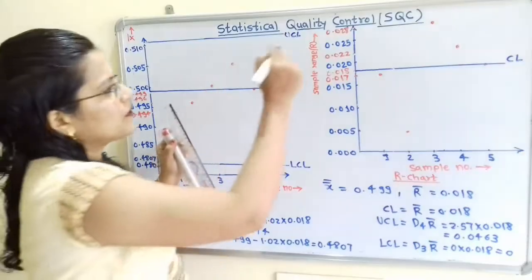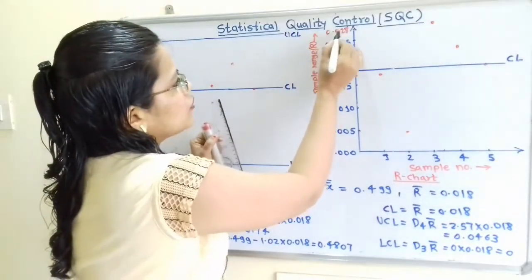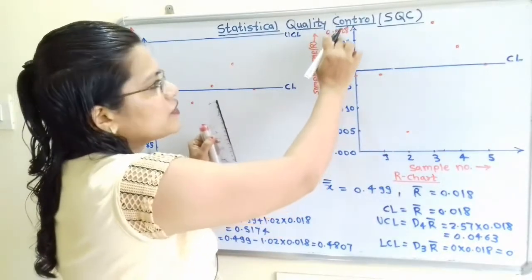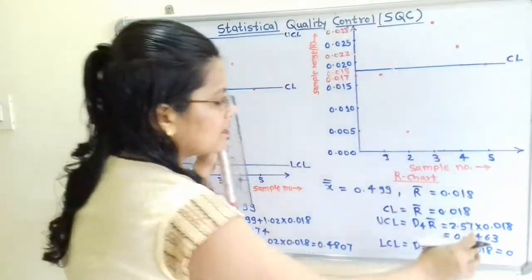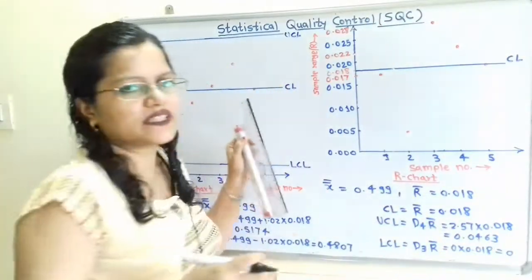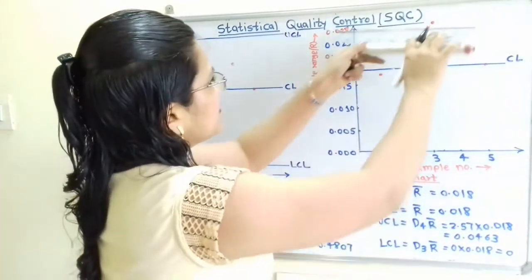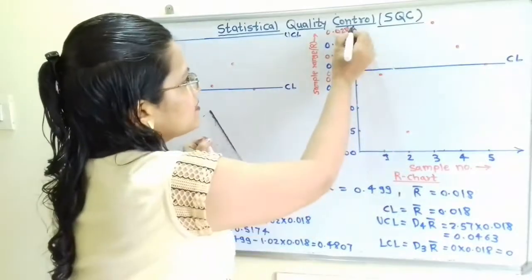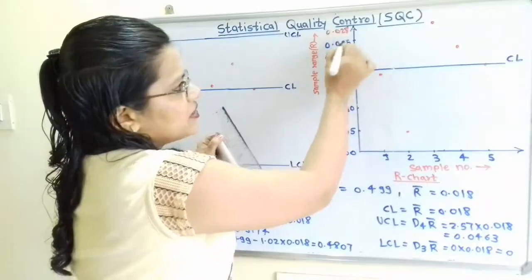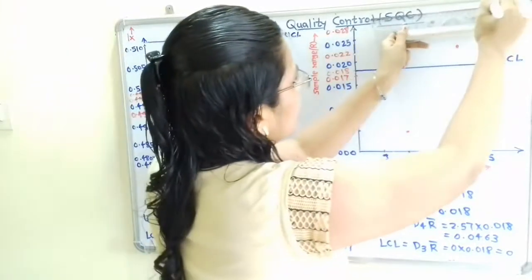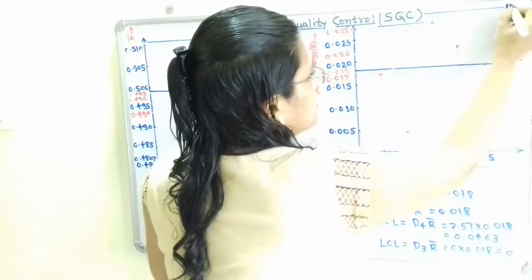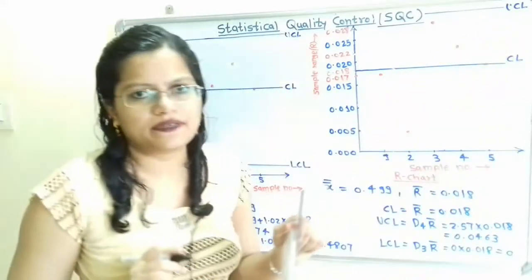Here is our last value, 0.028. After that it is 0.030 and then there is 0.0463. Because of limited space available, this line is much higher than our largest point. So I will consider an approximate line here, and this is the upper control limit.